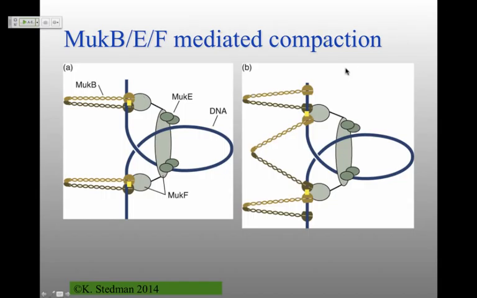And so if you see here, we start out with these 2 MukBs. They interact with MukE and MukF. That pulls them together in such a way you can get another dimer of MukB, et cetera. So that's all compacting your DNA. And as we'll see in terms of eukaryotic chromosomes, a very similar kind of thing is happening there.